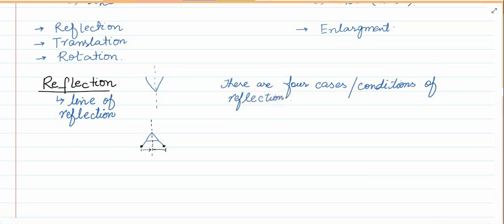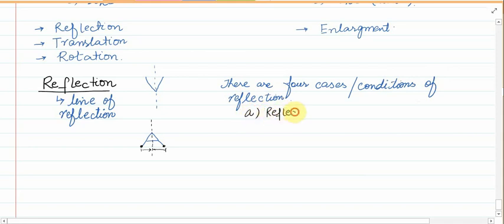Now what are these 4 cases? The first one, reflection across x-axis. Second, reflection across y-axis.